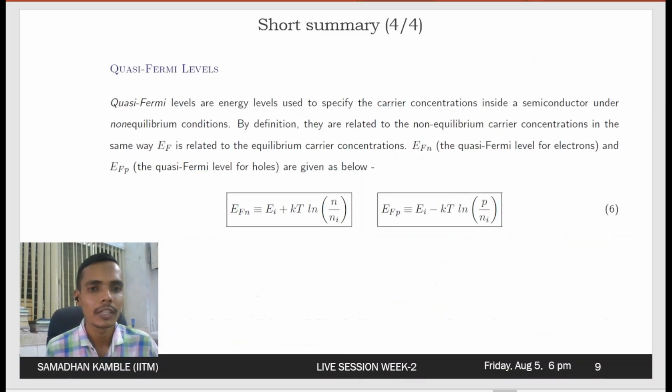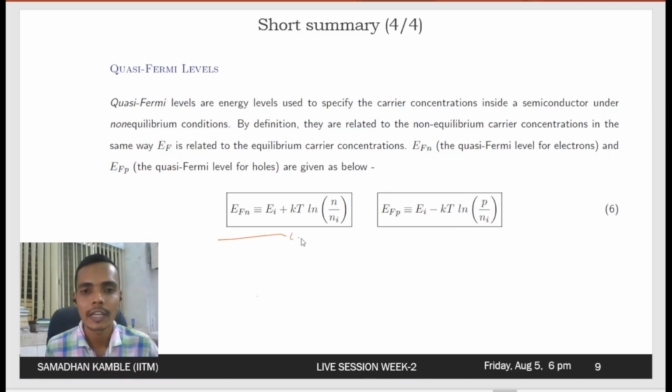Let us move to the final point. As we discussed in the quick review also, quasi Fermi levels are the Fermi levels considered in the non-equilibrium condition because of the perturbation, and by definition they are related to the non-equilibrium carrier concentrations in the same way as the Fermi level is related to the equilibrium concentrations.